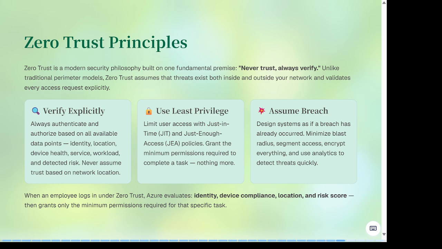Least privilege, minimum required access only. Assume breach, design for compromise, use JIT or JEA access models. Access is dynamic and continuously evaluated. If you see a question about modern security approaches, the correct answer is zero trust principles.